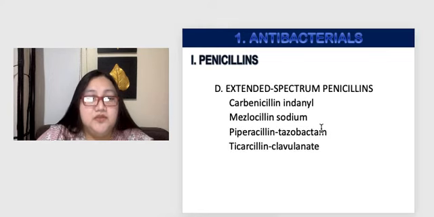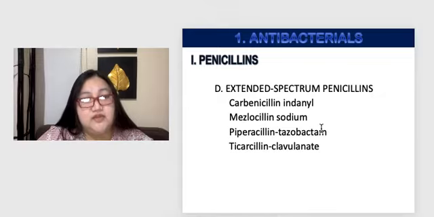Alright? The fourth group of penicillins are the extended spectrum penicillins. They are anti-pseudomonal penicillins. So, ang pseudomonas or pseudomonal infection, from a gram-negative bacillus, and it's very difficult to eradicate. Pwede rin siya sa iba pang gram-negative. Ano pa yung mga yon? Klebsiella, Enterobacter, okay?